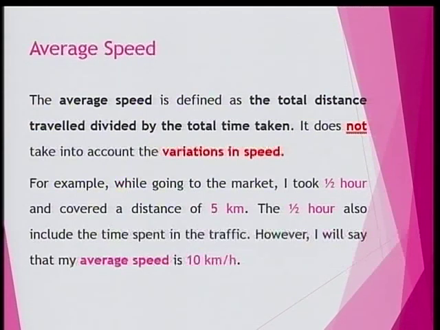For example, while going to the market, I took half an hour and covered a distance of 5 kilometers. The half hour also includes the time that I have spent in the traffic. However, I will say that my average speed is 10 kilometers per hour. That is 5 divided by half.